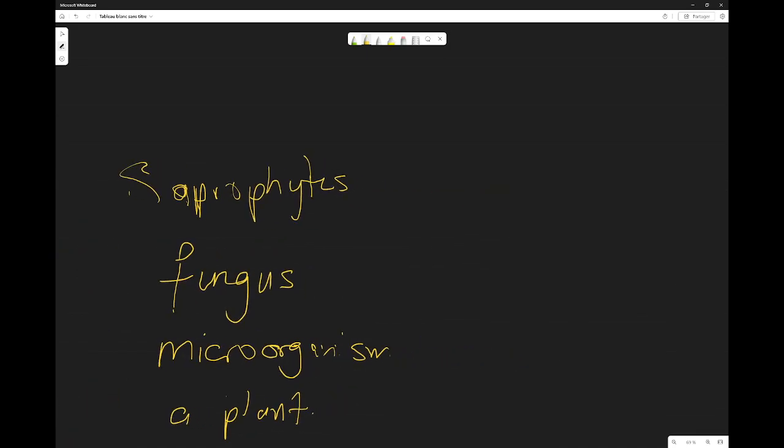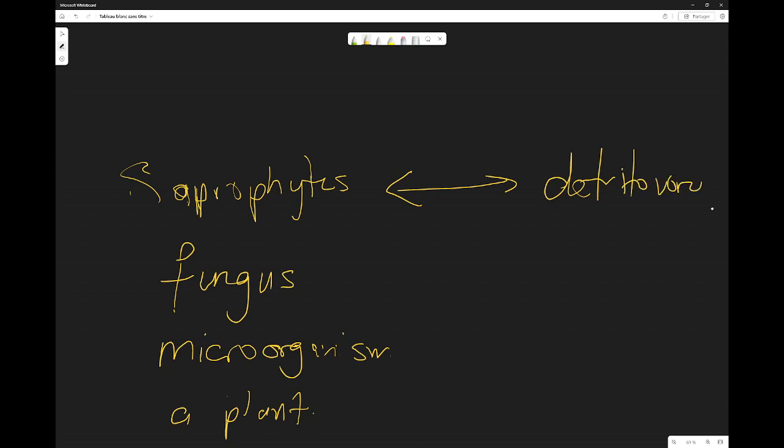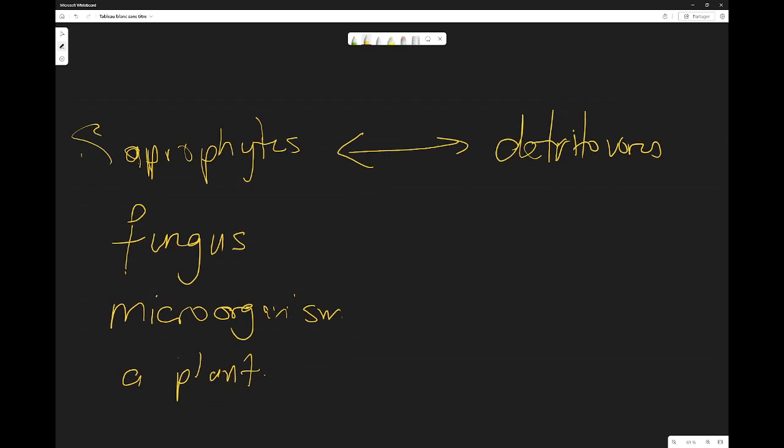But we have other types, or differences between these two groups, and we have another group called the detritivores.